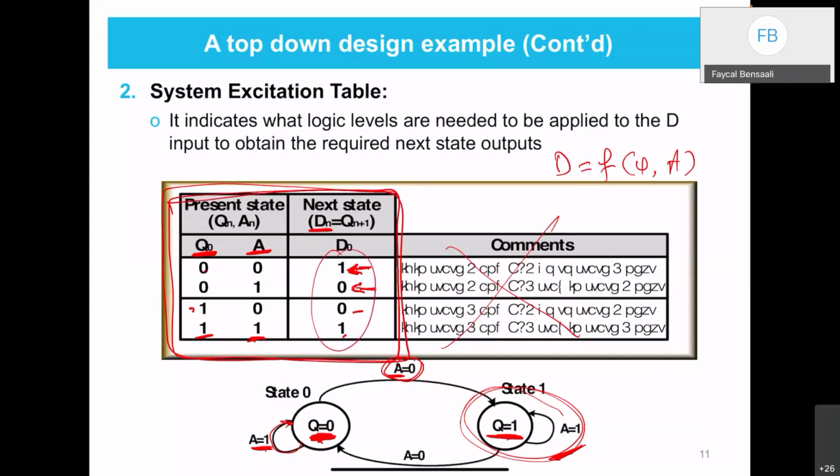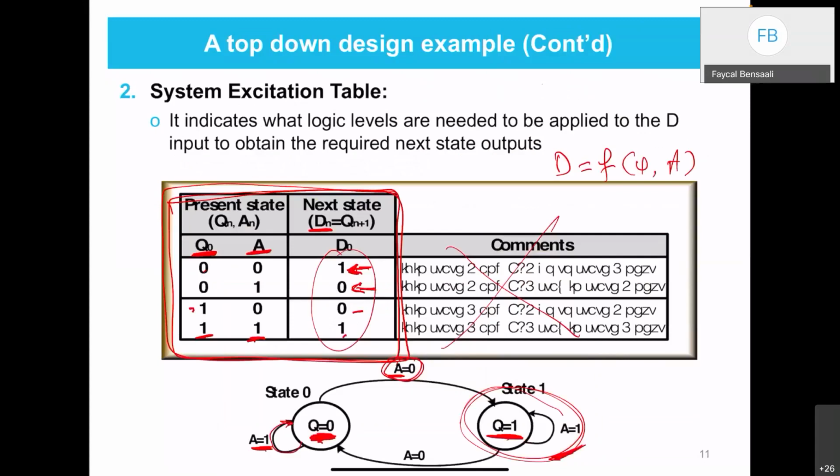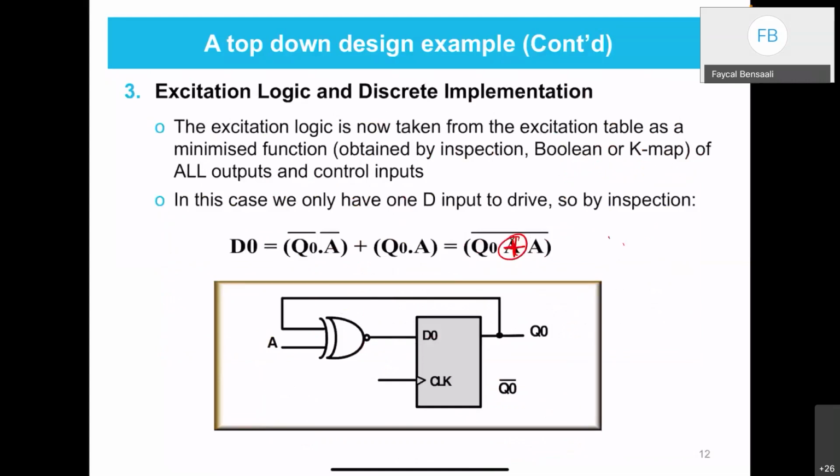This is an XNOR. You can do the K-map if you want, but I think this case is very simple. So this is what we get. It's just an XNOR. So D0 is equal to Q0 XNOR A. Here, as you can see, we are not using Q0.